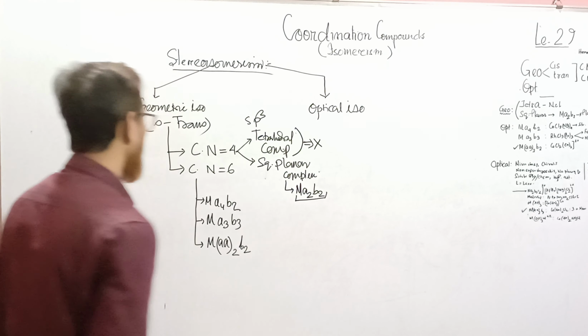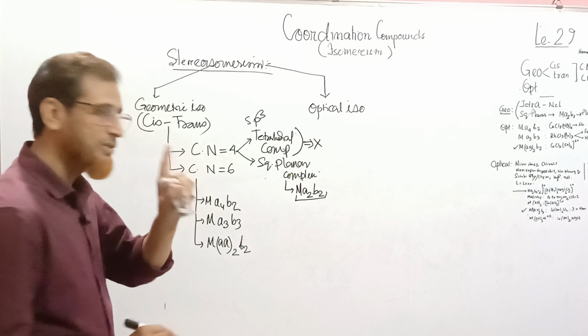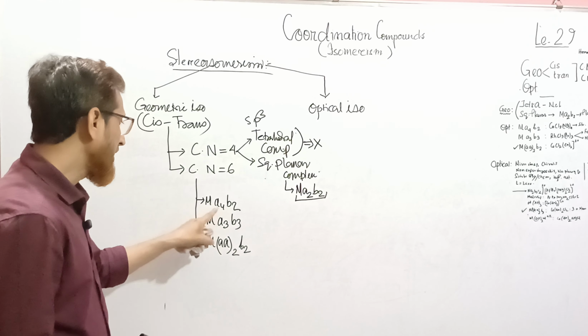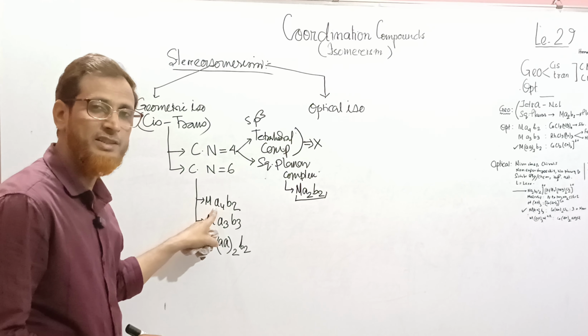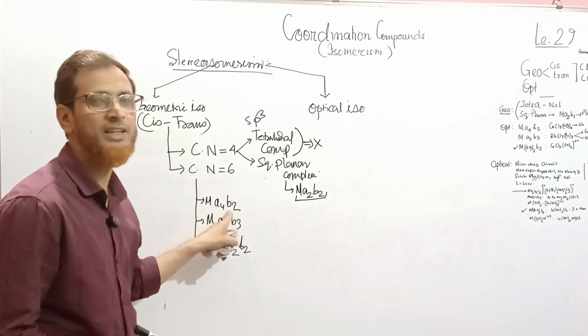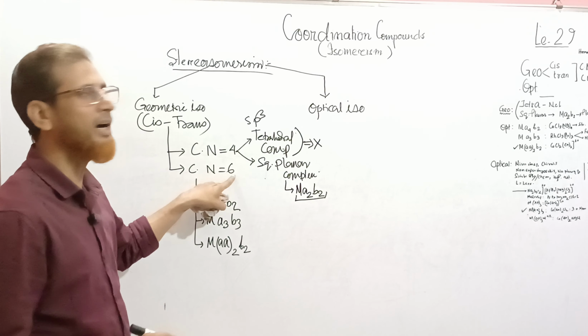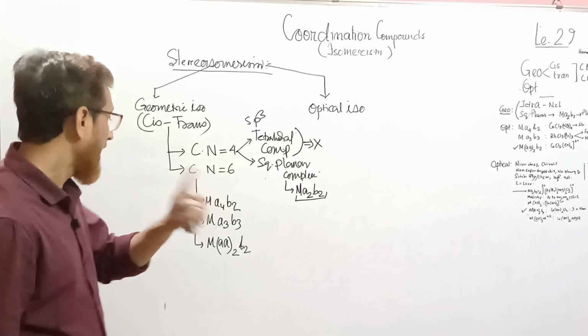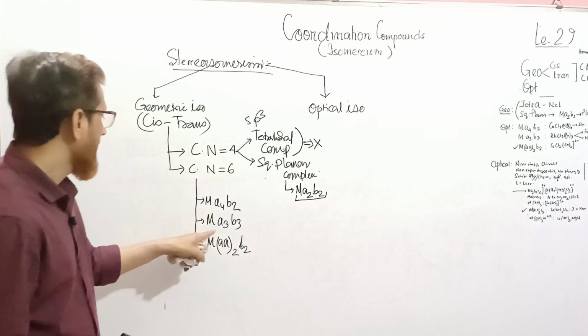Minutely follow. This thing will be a critical one if you do not have the concept or knowledge. Nothing to learn by heart, just follow. MA4B2 means 4 ligands of one type are the same and 2 ligands are different; 4 and 2 make 6, the coordination number is 6. Another type, MA3B3: the same type of ligand 3 and another type of ligand, they are also 3.